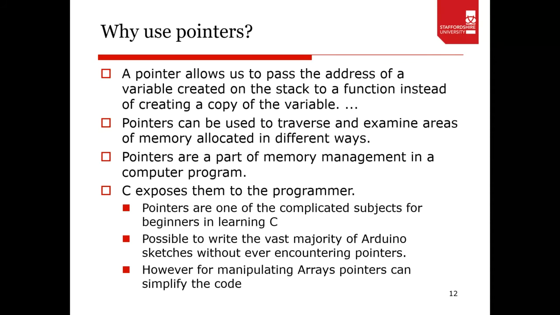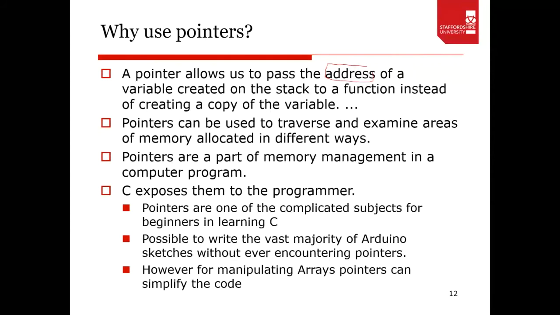So whenever we have a variable, we need to store it somewhere in the stack of the device. So it allows us to pass the address of a variable created on the stack to a function instead of creating a copy. So if we are sending lots and lots of variables backwards and forwards, that is very wasteful.